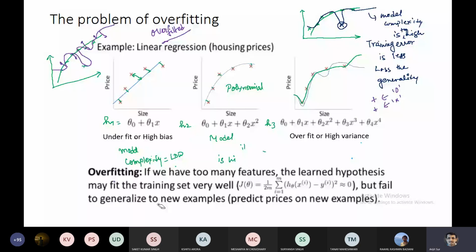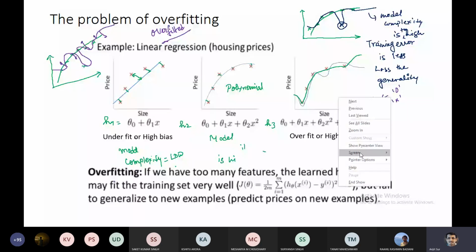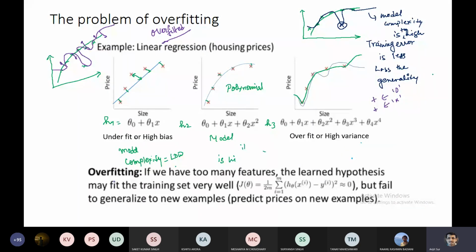Okay. So as a very good approximation, very simplistic, you can say we generally try to represent or model the underlying distribution or the pattern, not all the individual data points.